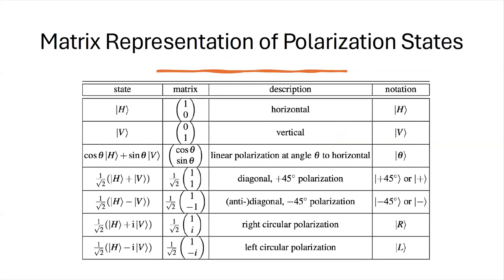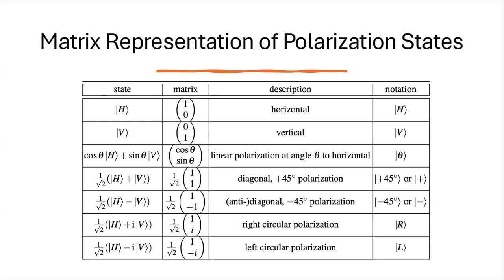You can use matrix representation, again similar to programming in Qiskit or PennyLane, whatever. You can use matrix representations for H and V, then make linear combinations, superposition states. What is important for us here is that horizontal and vertical, which is the standard or canonical choice, is not the unique choice.